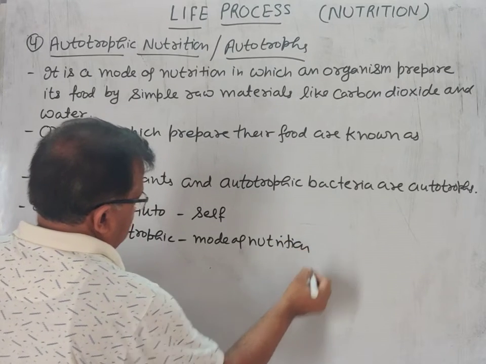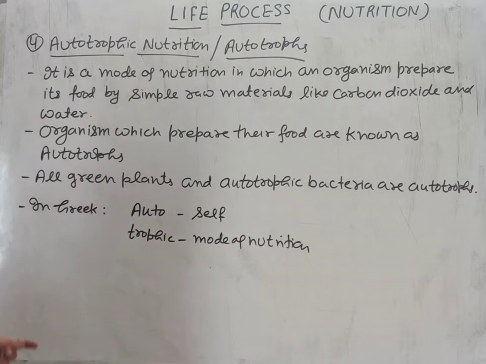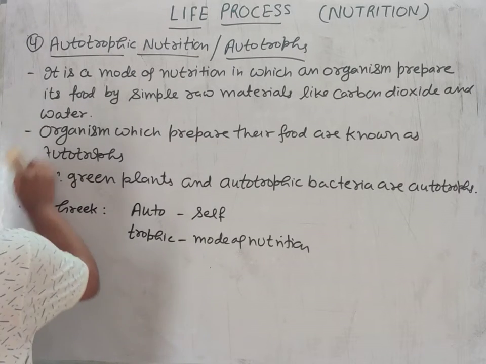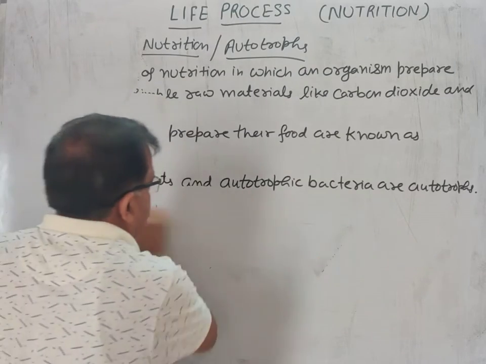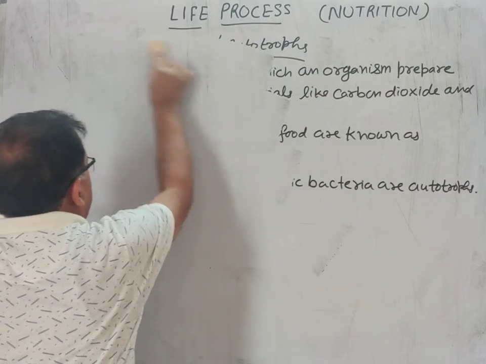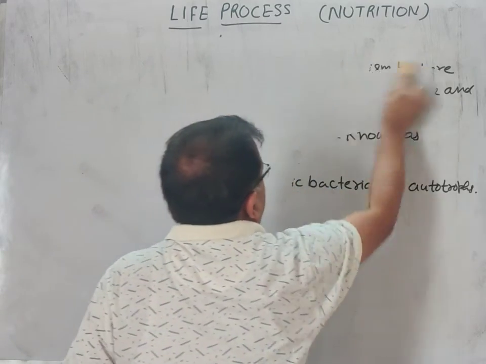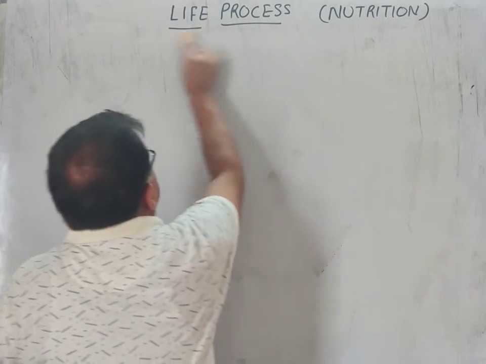Means they take their food themselves, they prepare their food themselves. So this was in short about autotrophic nutrition. Then heterotrophic nutrition. So thus organisms are also of two types depending upon the mode of nutrition, autotrophs and heterotrophs.